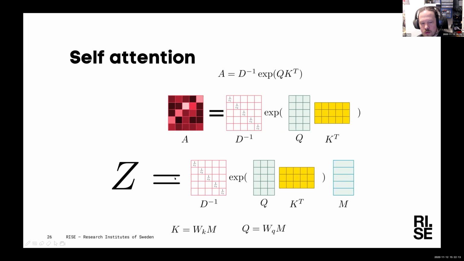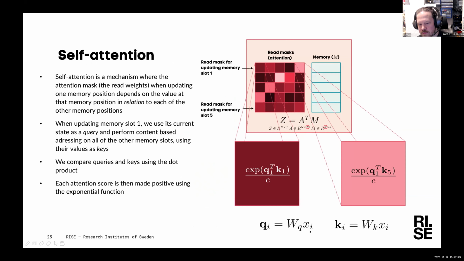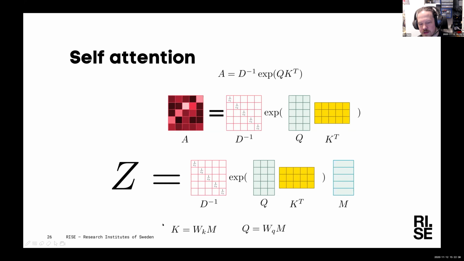So we can think of the whole operation as first creating this attention matrix, and then multiplying that with our memory. Each row here is actually a vector. And this Q and K, from the previous slide, you saw that we did this vector-wise for the memory, but we can do that just as a matrix multiplication to get these whole matrices K and Q.